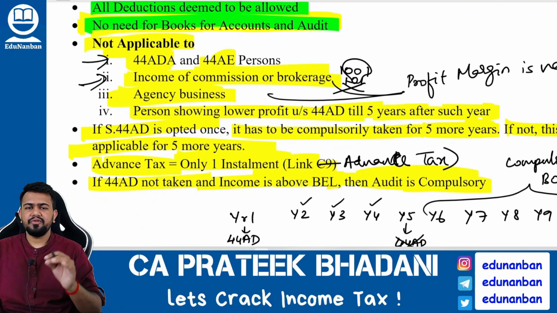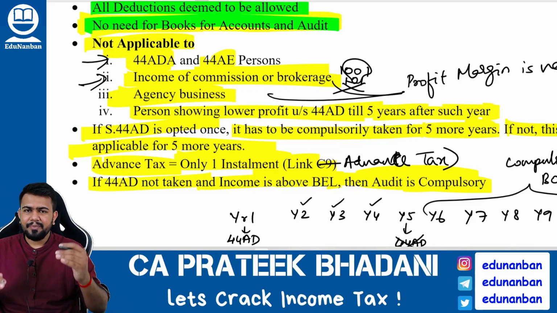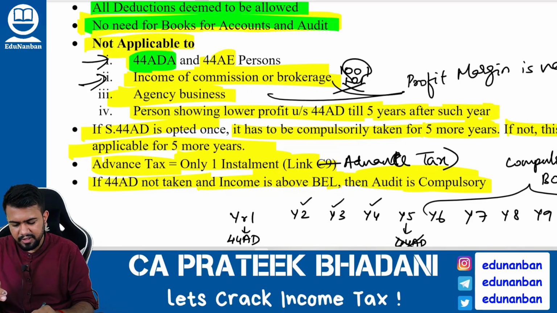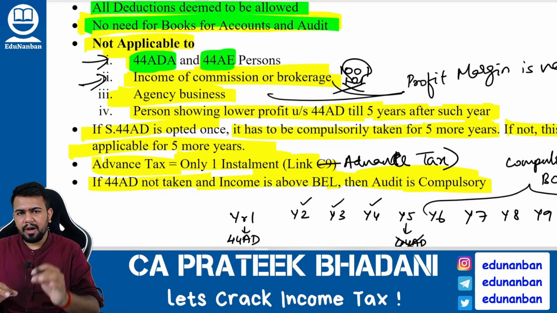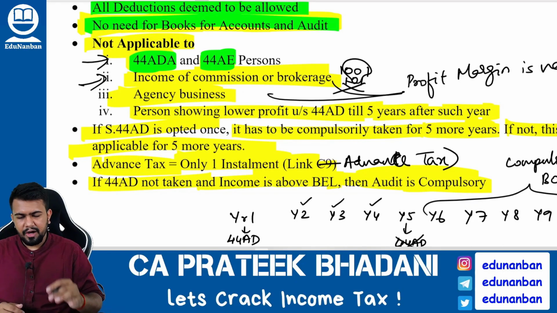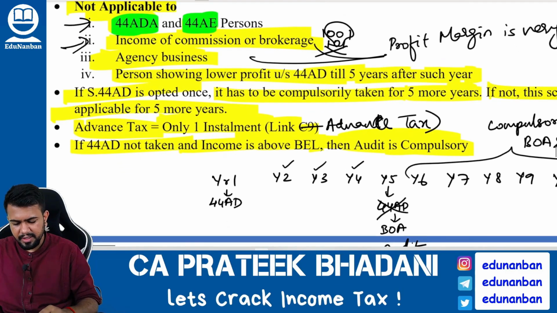However, section 44AD will not be applicable to, number 1, the persons who are eligible for other presumptive sections, that is 44ADA and 44AE. So if I am eligible for 44ADA, I cannot opt for 44AD, or if I am eligible for 44AE, then also I cannot opt for 44AD.